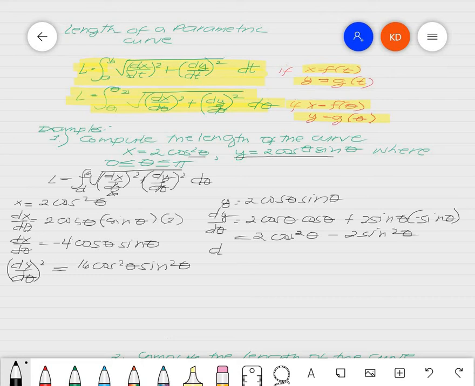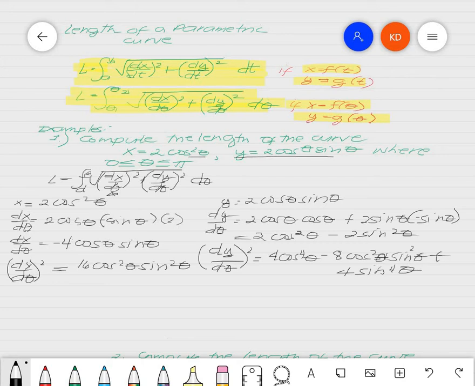Then we get dy over d theta, quantity squared. Using the product of binomials, this is equal to 4 cosine to the 4th power theta minus 8 cosine squared theta sine squared theta plus 4 sine to the 4th theta.